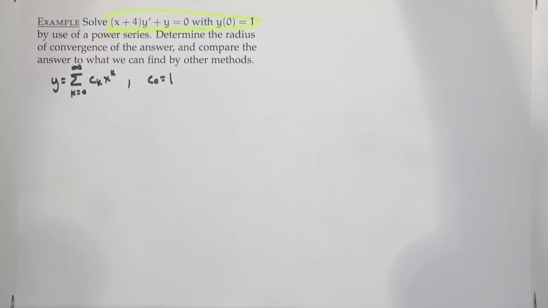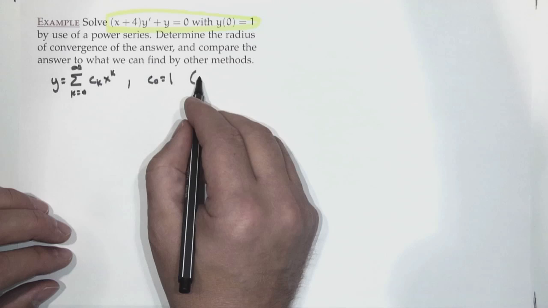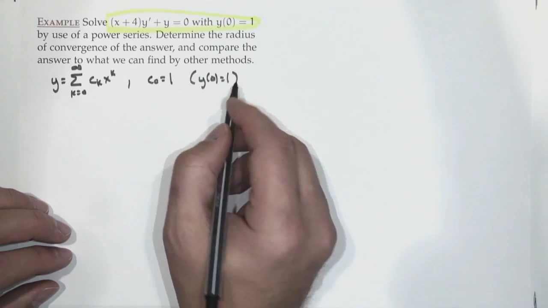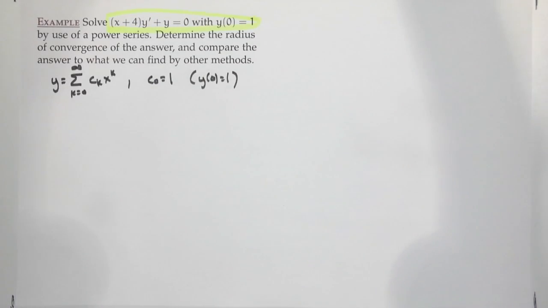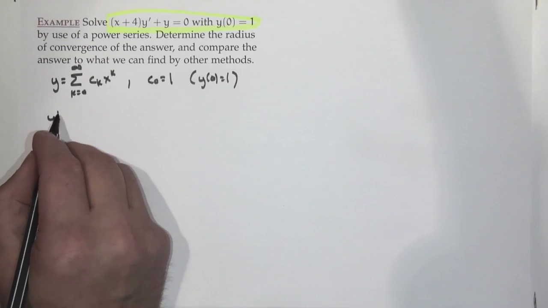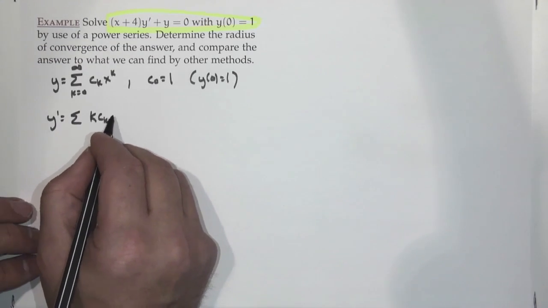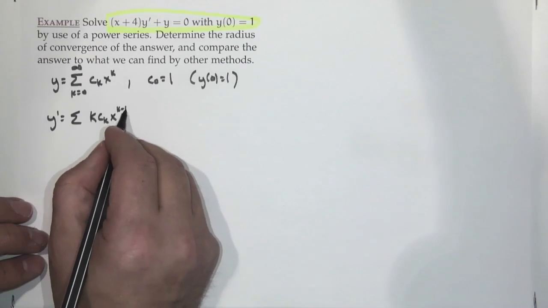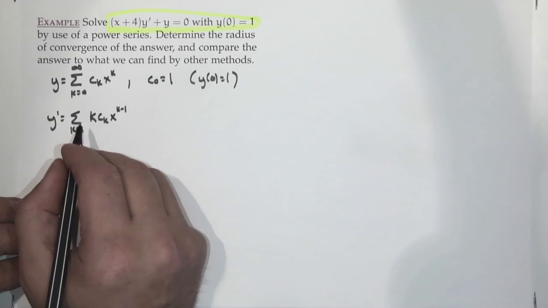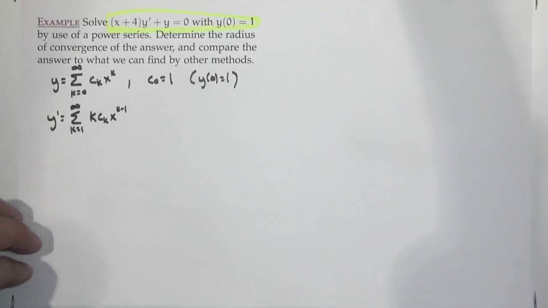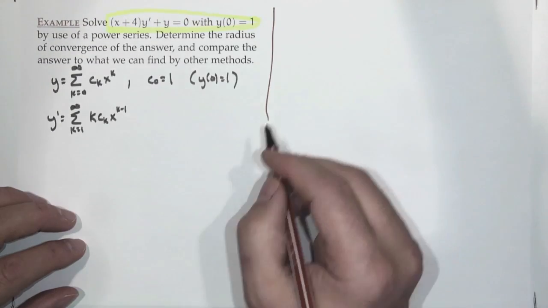Okay, so that's something we can translate. And then, of course, we have to go through. We'll make some notes here. y prime is the sum of k c sub k x to the k minus 1, which we can start from 1 to infinity.